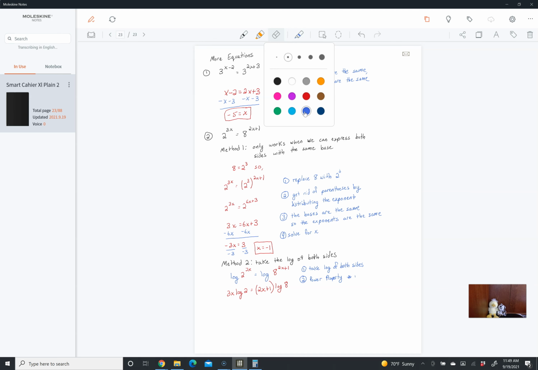Make sure that when you move the exponents out to the front, you put them in parentheses.